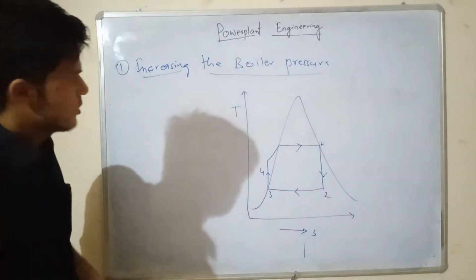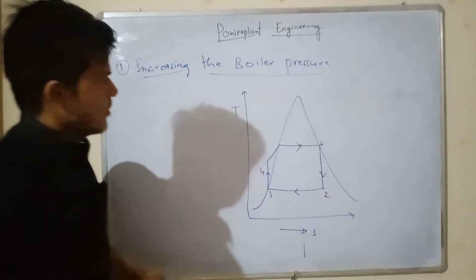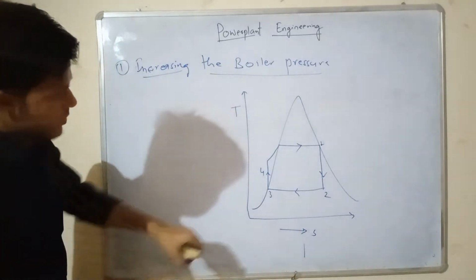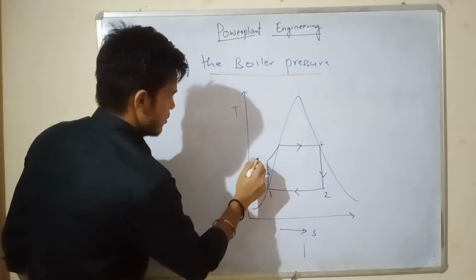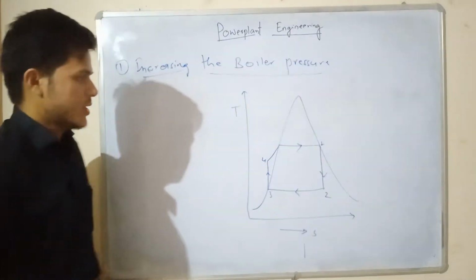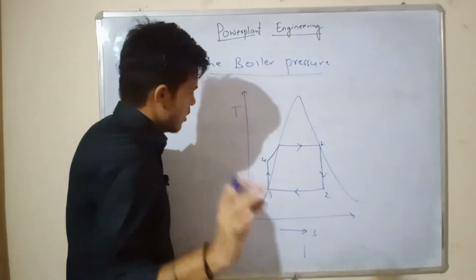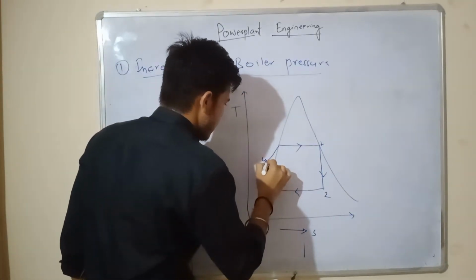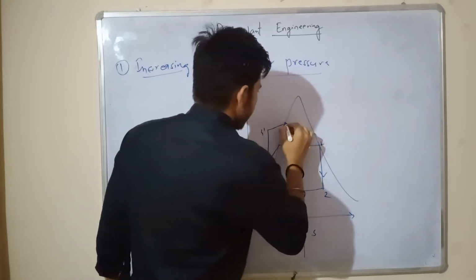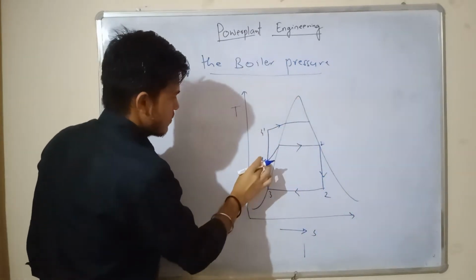As you know, this is a simple Rankine cycle, as we discussed already in the last classes. 1 to 2 is the turbine expansion, 2 to 3 denotes the condenser, 3 to 4 indicates the pump, and 4 to 1 indicates the boiler, where we supply the heat. So after increasing the boiler pressure, let's suppose we are increasing the boiler pressure from 4 to 4 dash, then what will happen?